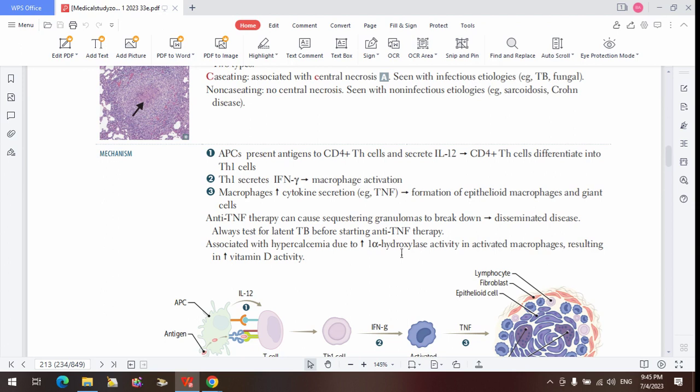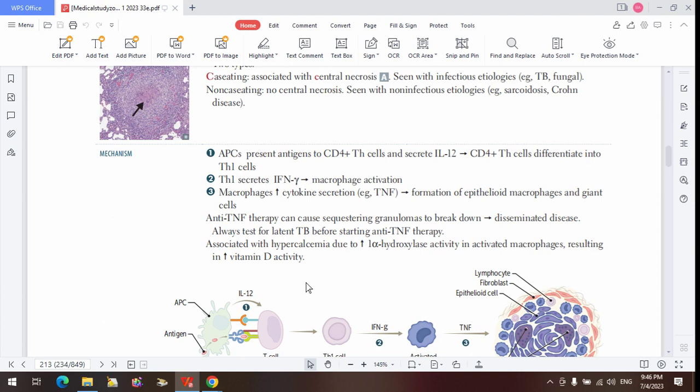Because if this person has tuberculosis that is kept latent by the granuloma, once that granuloma breaks down, the tuberculosis will reactivate. Because the granuloma breaks down, the tuberculosis will find its way outwards. So that is why before you give anybody anti-tumor necrosis factor, you want to rule out tuberculosis. This is very, very important.